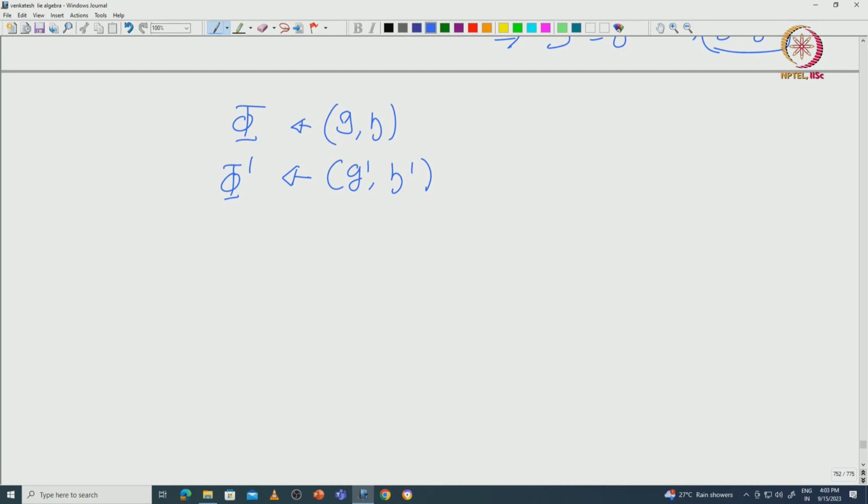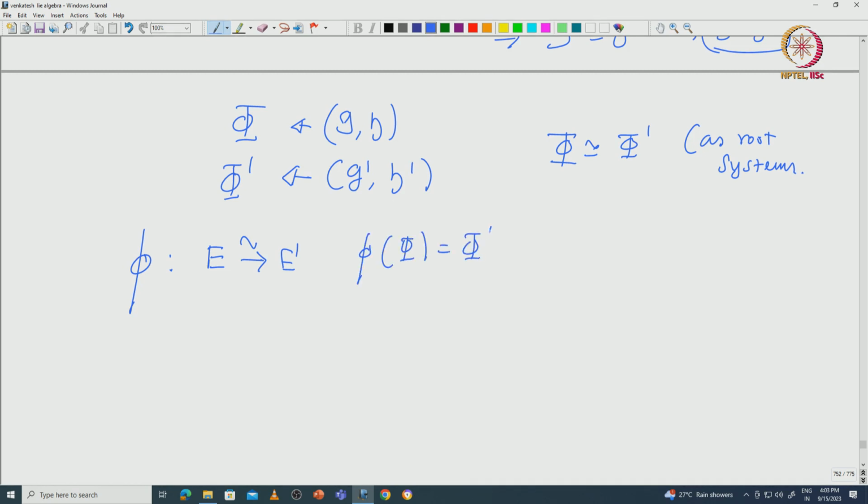Now assume that phi is isomorphic to phi dash as root systems. Then that means there exists pi from the Euclidean space E to E dash, which is an isomorphism, and that also maps phi to phi dash.